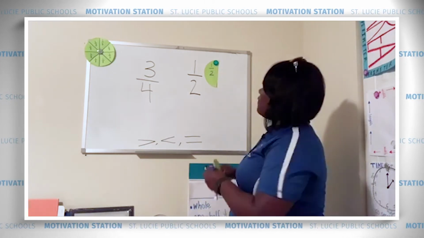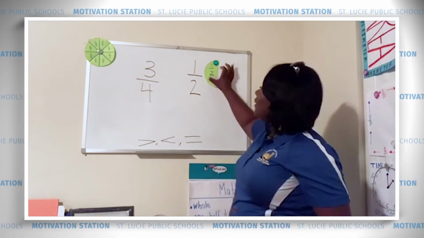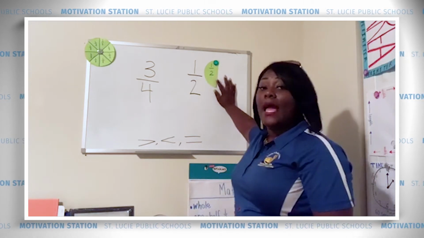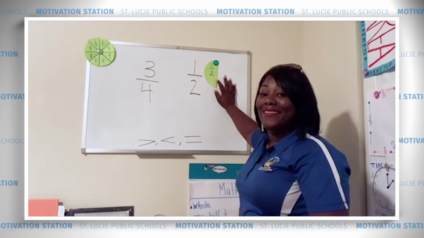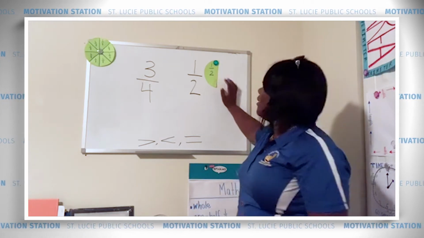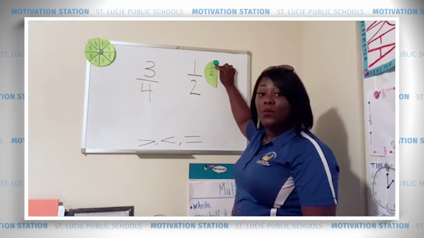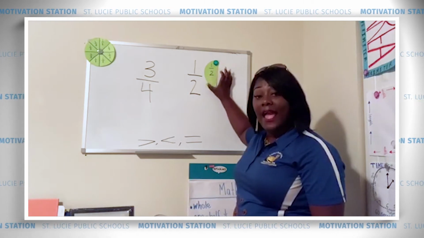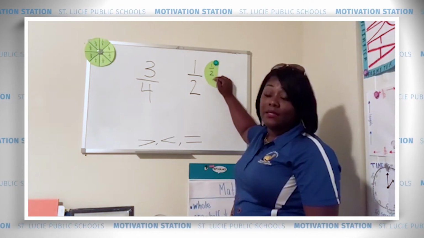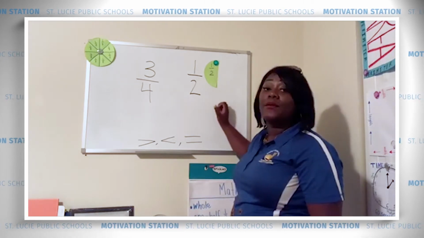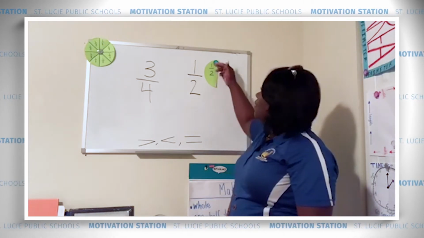I know that I have 2 parts, but when I look at this piece right here, how many of those 2 parts am I referring to? Just 1. That's why the numerator has a 1, because this half of a circle represents 1 of 2 parts. And the line in the middle is the fraction bar. This is 1/2.